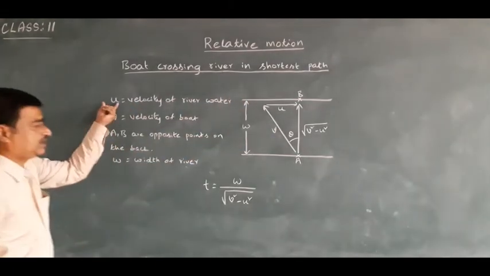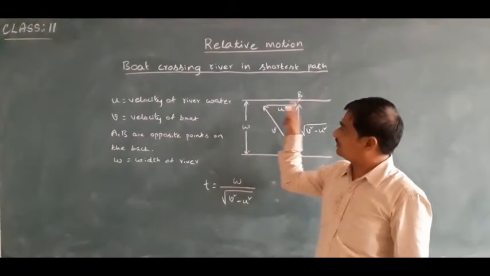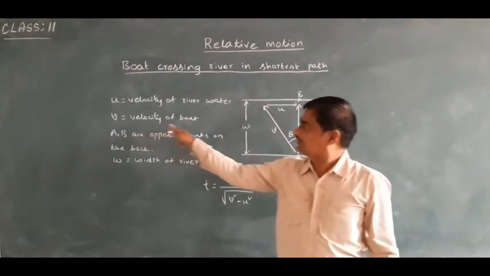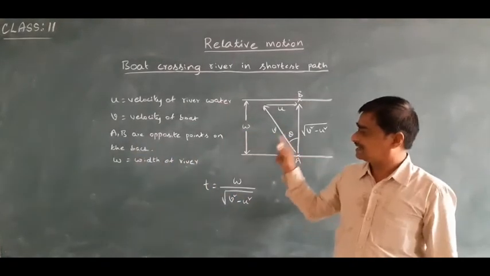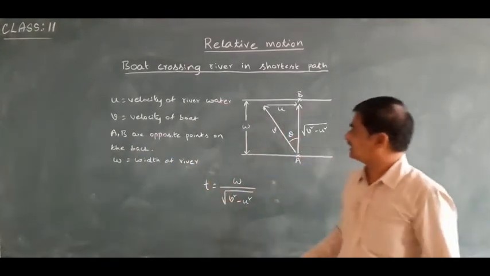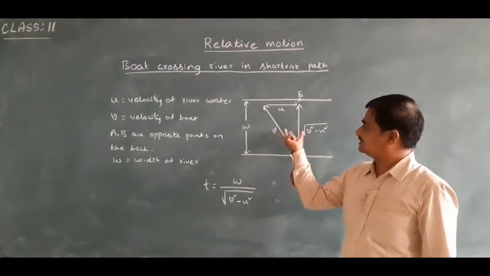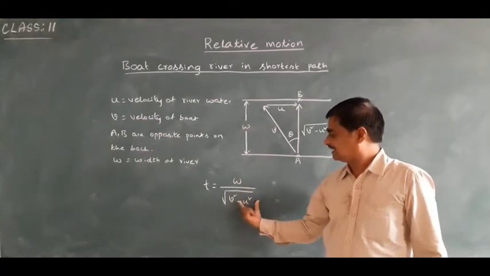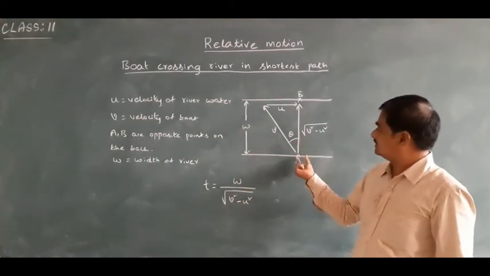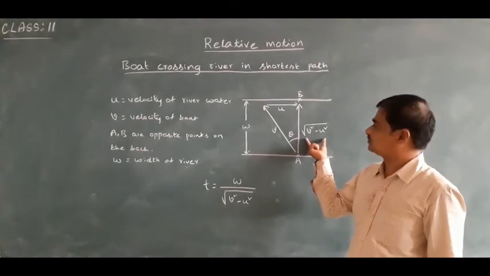We consider u as the velocity of river water, v as the velocity of the boat, A and B are opposite points on the bank, and w is the width of the river. To go from this point to this point, it travels a distance of w, the width of the river, and the resultant velocity is root of v square minus u square.